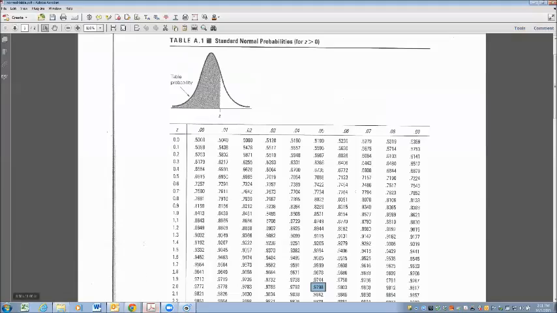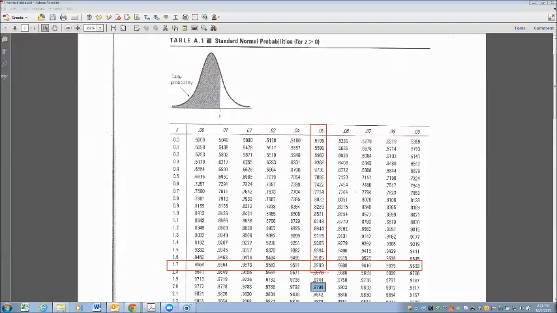So we're going to go to our normal table and look up 1.75. We go to our 1.7 row and our 0.05 column, and that gives me 0.9599. From there, we subtract off the value less than 0.54. I'll go to my 0.5 row and my 0.04 column, which is 0.7054.